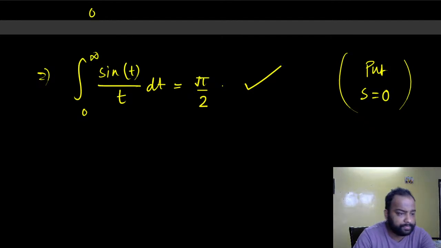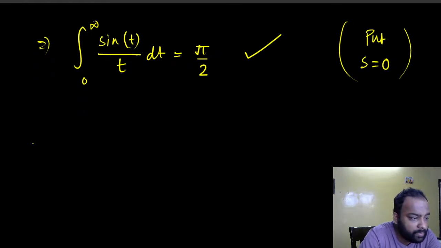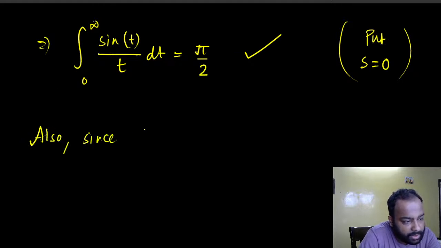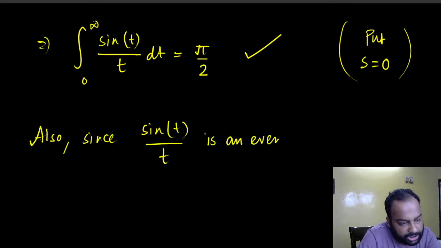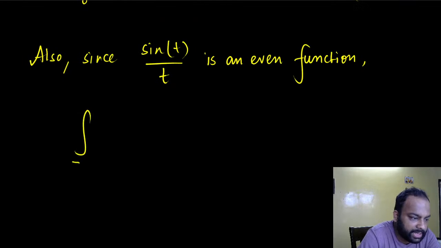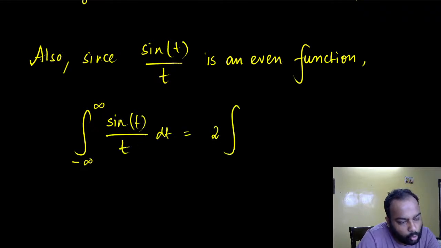And also, since sine t by t is an even function, if I ask you about the integration from minus infinity to infinity of sine t by t dt, that would essentially be twice the integral from 0 to infinity.